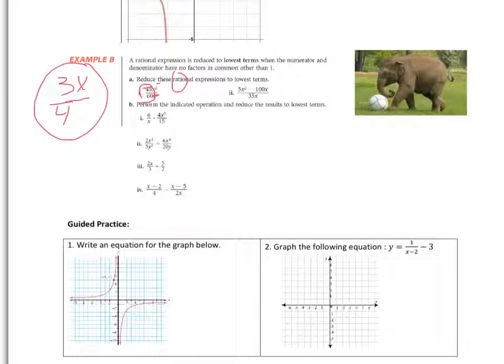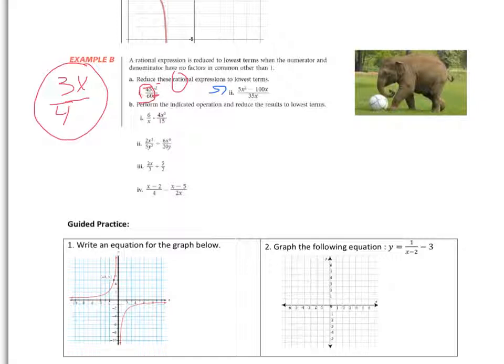Looking at example II, what I need to do first, on the top I have subtraction. So we can't cancel out with subtraction. You can only cancel when it's multiplication. So the minus sign here in II means we can't just cross off anything from the top and bottom. What we need to do is take out something and make it multiplied together, and then we can cancel.